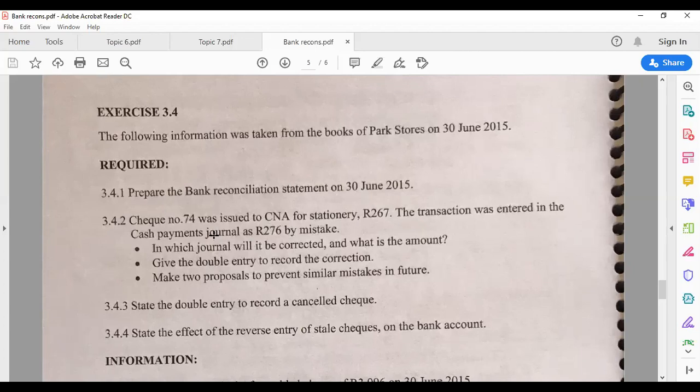So can you see, guys, you are now introduced to internal controls every single time, every question. Now that we've done internal controls, you need to make sure that those lights go off when you read something like mistake. What can I put into place?